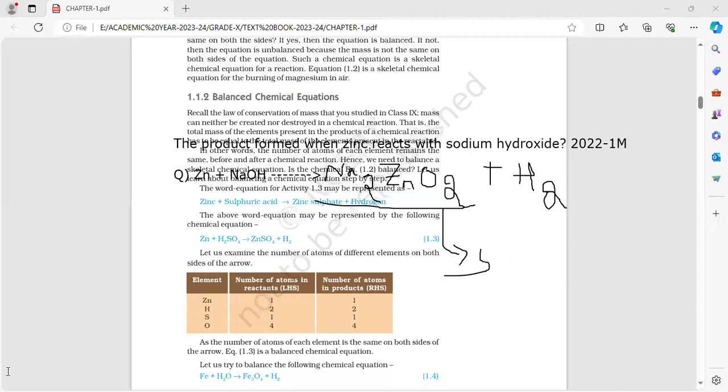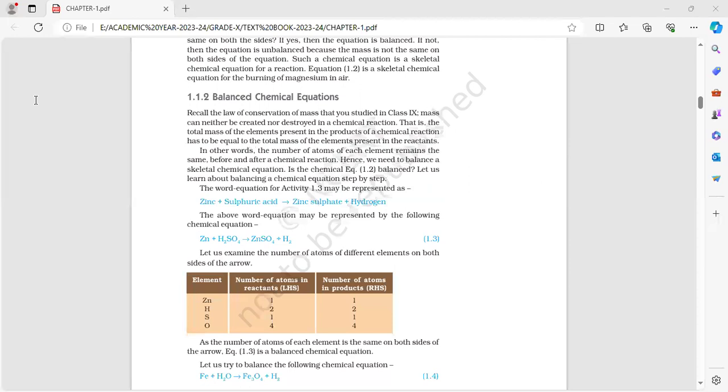A very important chemical equation: sodium zincate plus hydrogen gas. This is asked for 1 mark, so you should remember it. The formula of sodium zincate is Na2ZnO2.